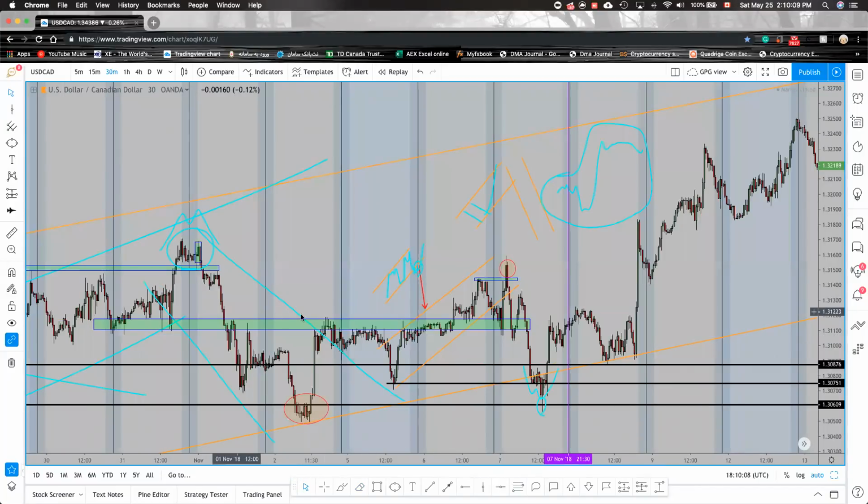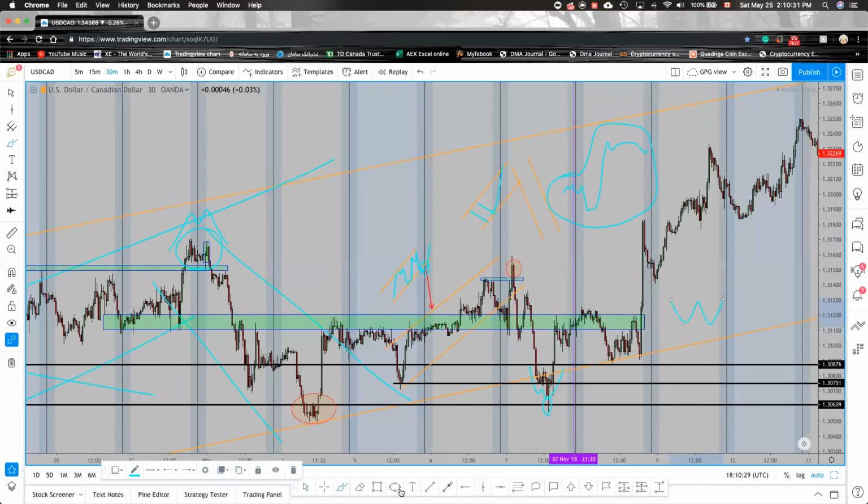So let me just continue here. Notice this zone. This daily structure, I told you it's real good. Look what happened. Stop hunt below, forming this W. You see it as a W, right?